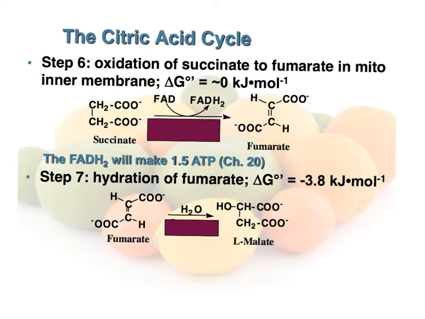Okay, so at the very top on step 6, we have succinate becoming fumarate at the expense of an FAD becoming an FADH2. Please note it's FAD, not NAD. Also, please note FAD is truly FAD, but NAD is NAD+. That's just a little side note.